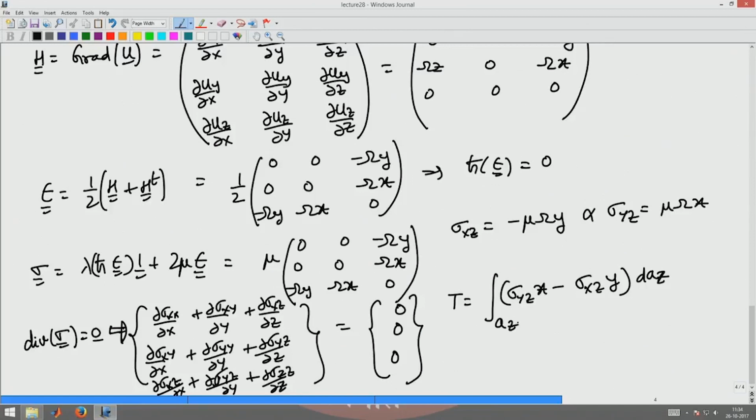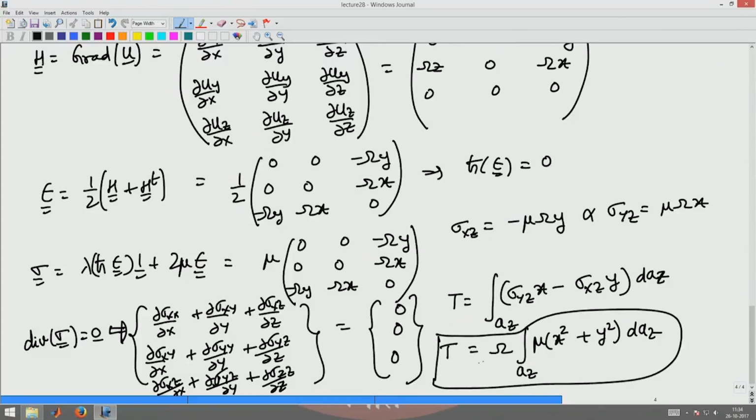Okay, I substitute the expression for the stresses into this equation to get the torque to be equal to omega times the integral of mu times x square plus y square dA. Okay, now I use this expression to relate the torque to the angle of twist omega.